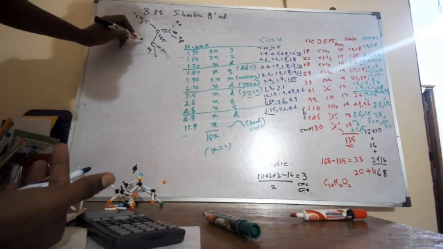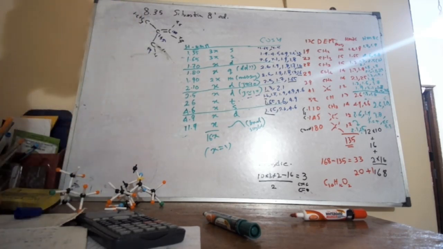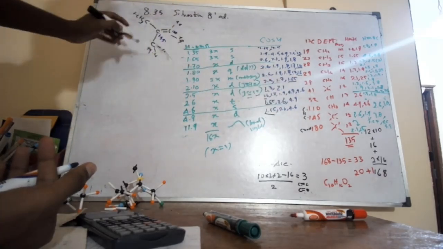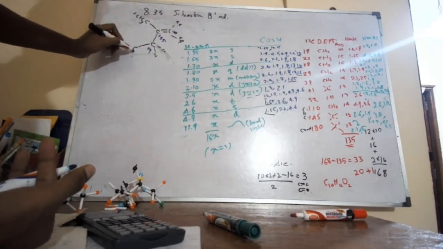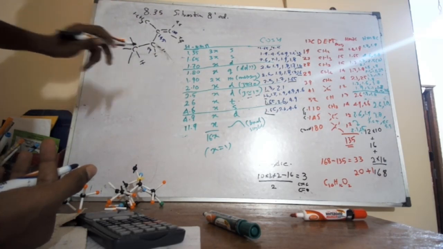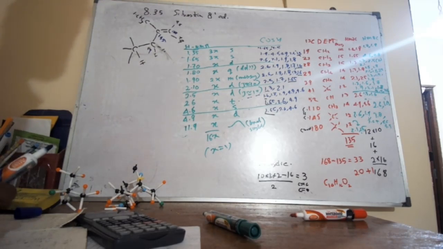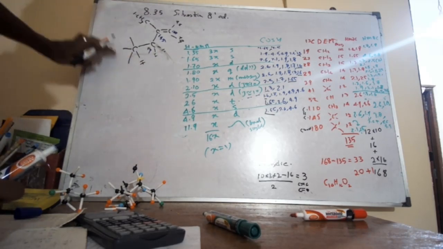Right, and then 2.6 corresponds to this one, right? So it's a CH, it's a single CH, so it has three bonds like this, right? So like we earlier also noted that it's a cyclic structure that we have. So this is the possibility that we have, right?